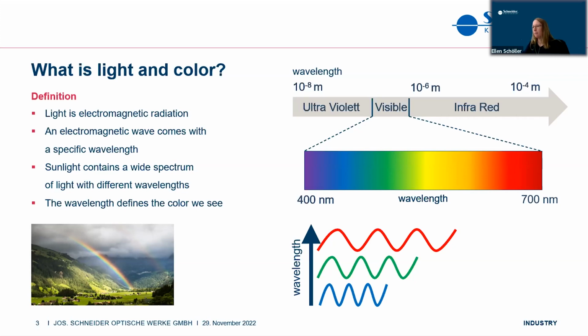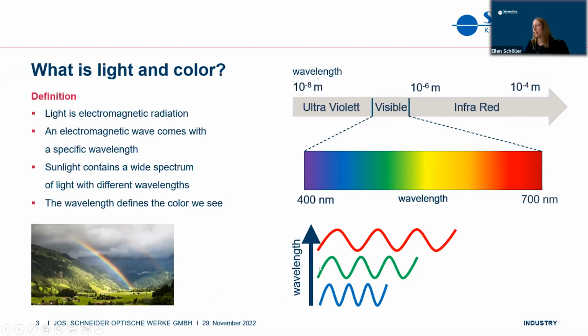And so the wavelength of a wave defines the color. We know this phenomenon from nature. When we have a rainbow, it is caused by the sun, which is sending white light, but the rainbow is colored. So we know the sunlight, white light, contains all different wavelengths.